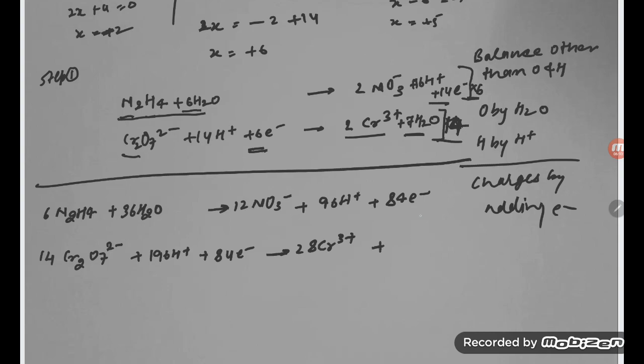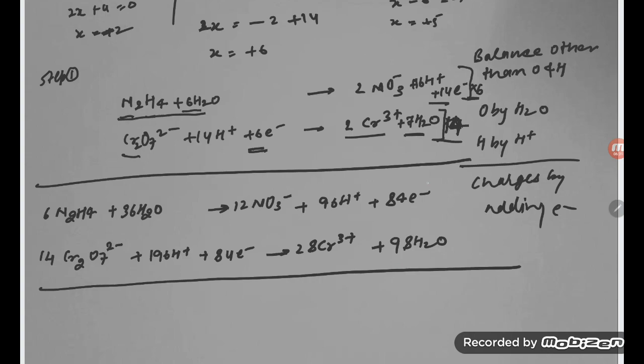Then 14 times 7, right, student? So it is 98 H2O. So this is all about the 14 times 7.